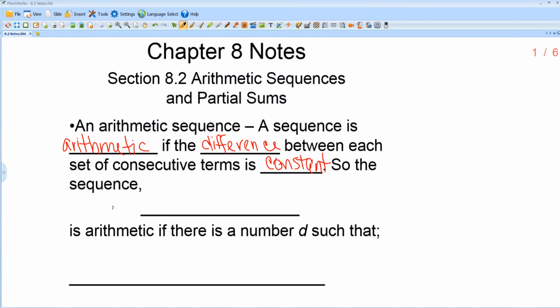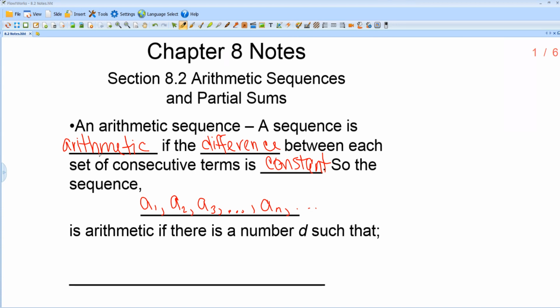So the sequence a sub 1, comma, a sub 2, comma, a sub 3, so on and so forth up until a sub n, and then continuing after that. So we have some infinite sequence.